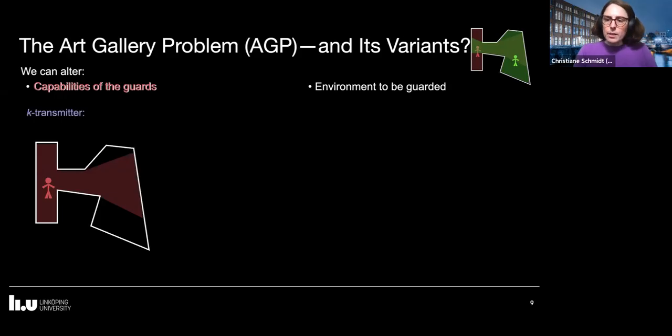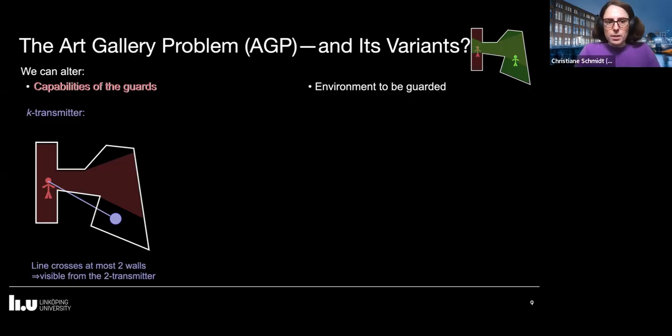One thing that we'll visit later are so-called k-transmitters. If we look at this original picture, we said we can't look through walls or around corners. For k-transmitters, we can look through a certain number of walls. For a 2-transmitter, we are allowed to intersect the polygon into connected components.